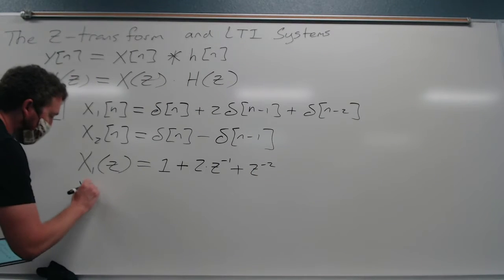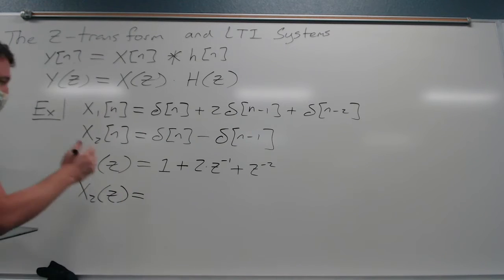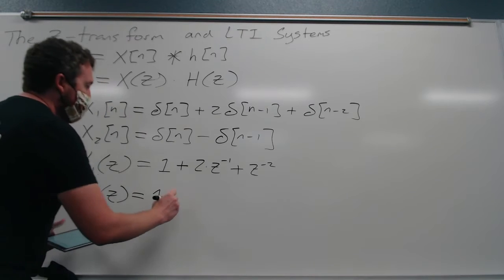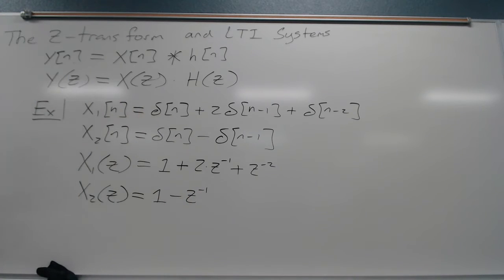We love delta functions, man, they're easy. And the Z transform of x2 is just, again, 1 minus z to the negative 1. Pretty easy.